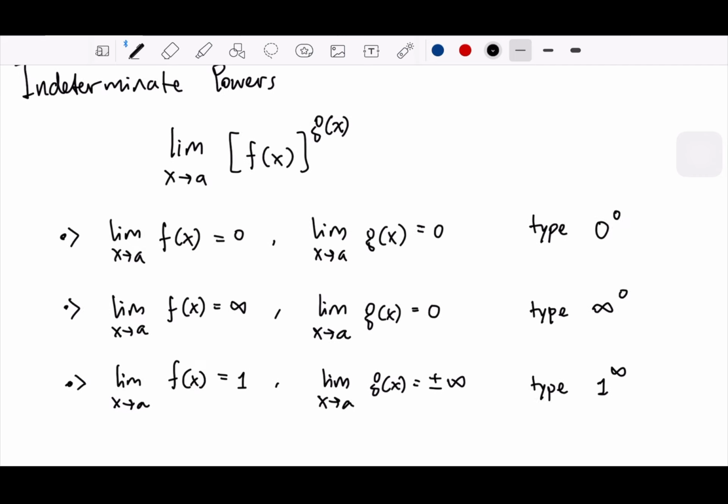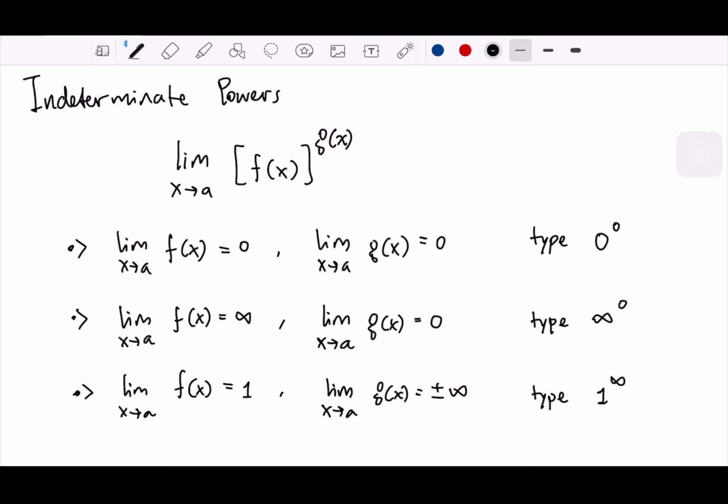Now this is an interesting form. If you look at the form f with power of g, okay, you have the limit as x approaching a. So in indeterminate powers, we have 3 possibilities. Okay? The first one, you have f is 0 and g is 0. So you will have 0 with power of 0.